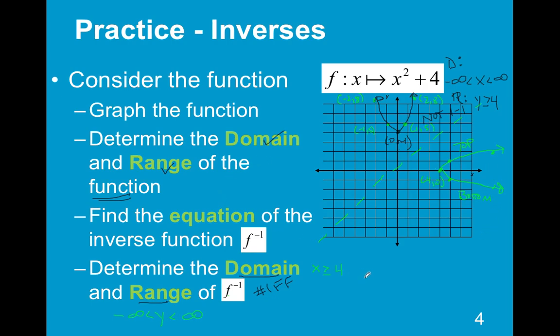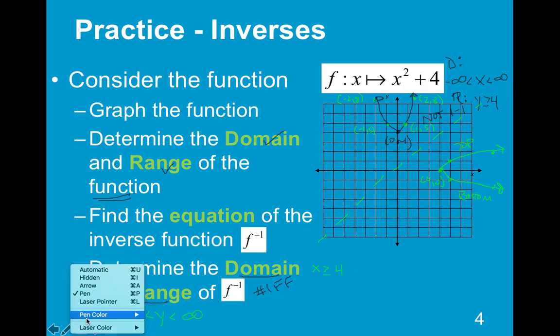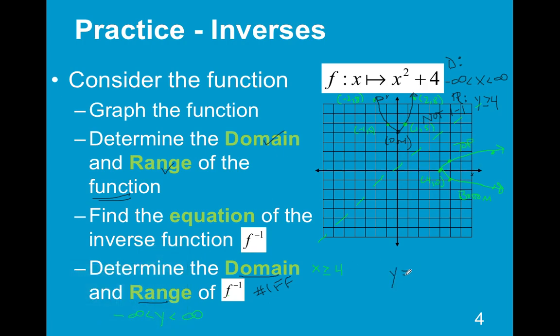Now let's find the equation of the inverse. Y was originally equal to x squared plus 4. Switch x and y for the inverse. I'm going to use the reflexive property right away.